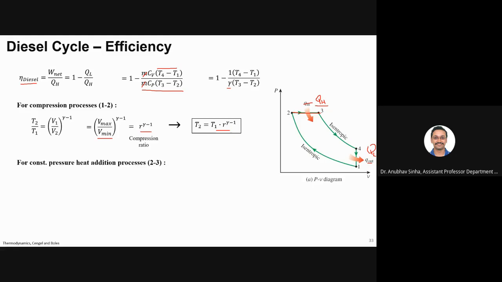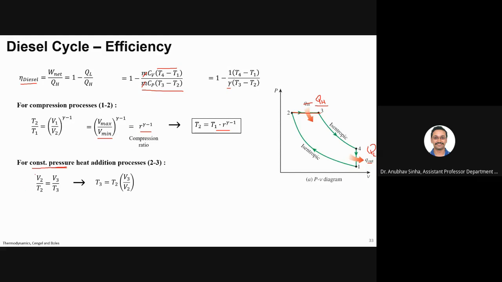Right? Similarly, we can define for the heat addition process 2 to 3, V2 by T2 is equal to V3 by T3. Okay, constant pressure heat addition. So constant pressure means, if you put this in the ideal gas equation, we can relate volume and temperature like this, because P2 is equal to P3.